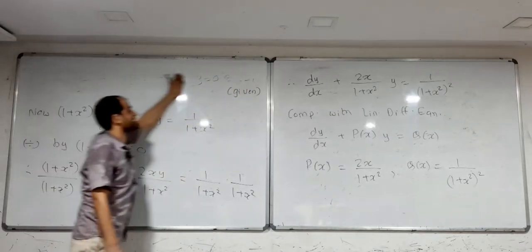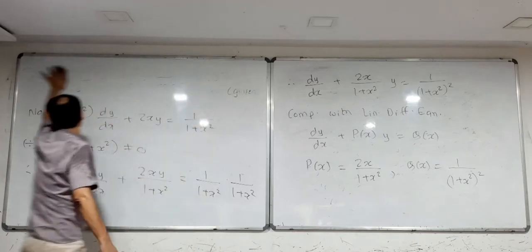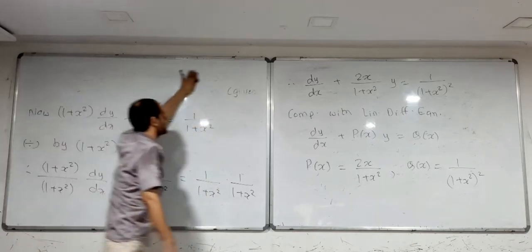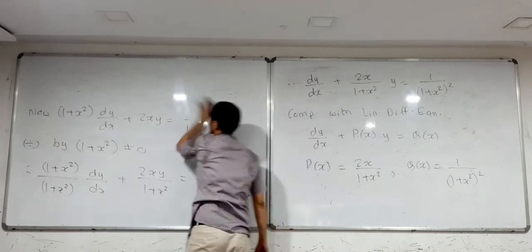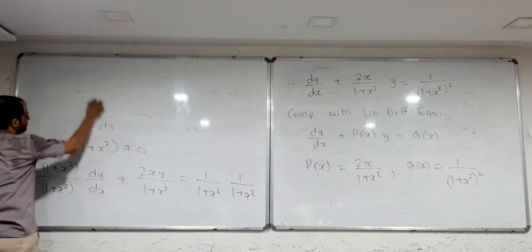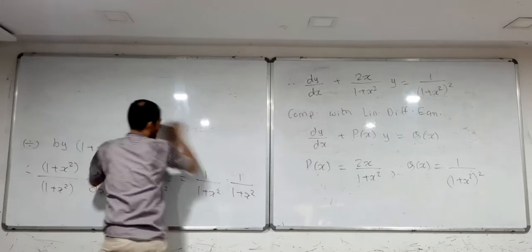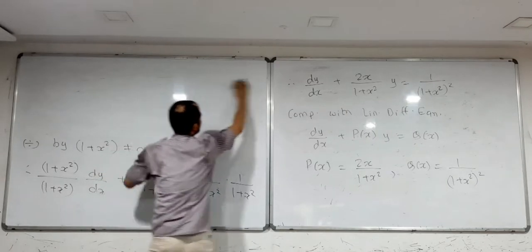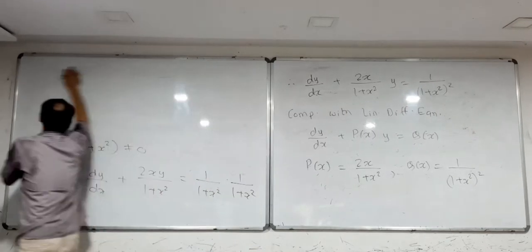अब आप अगर ध्यान से देखो तो 1 plus x square का डेरिवेटिव 2x है न्यूमरेटर में. The formula is not given in the NCERT textbook, so we cannot use it.